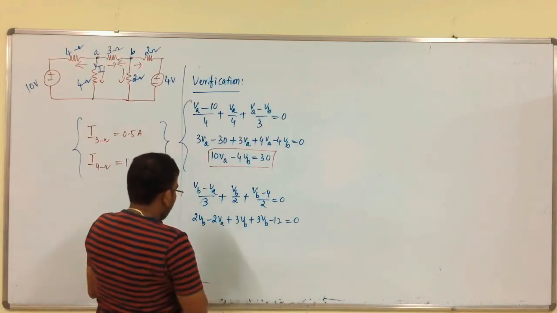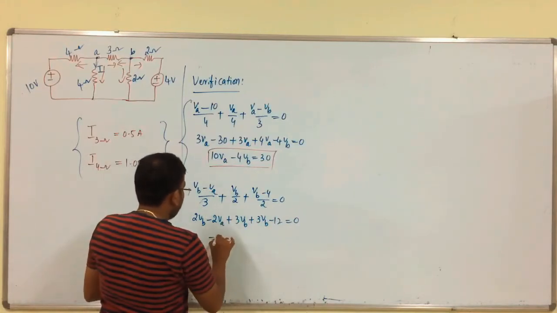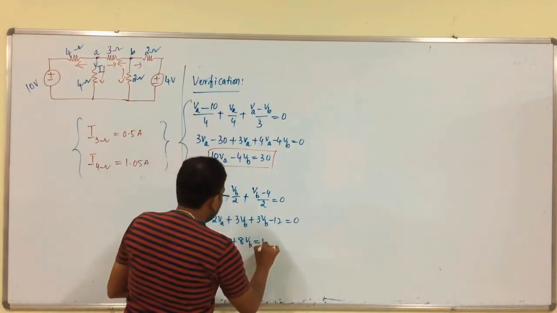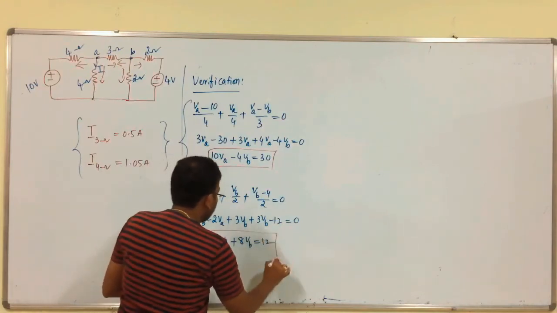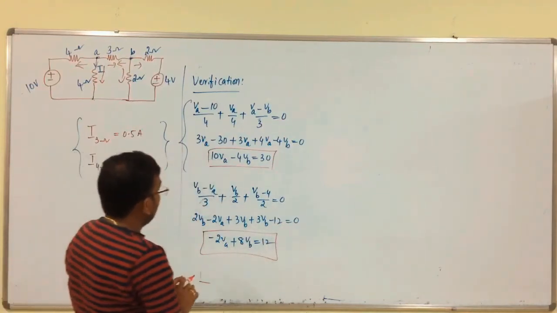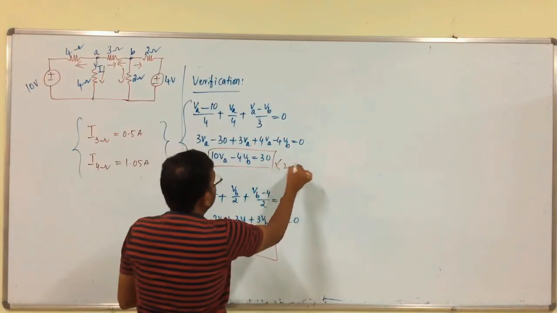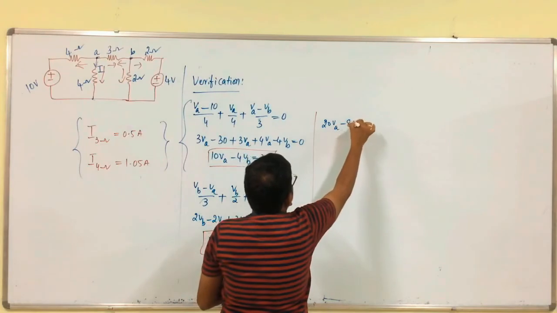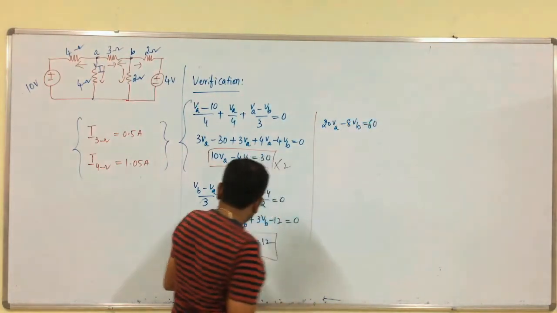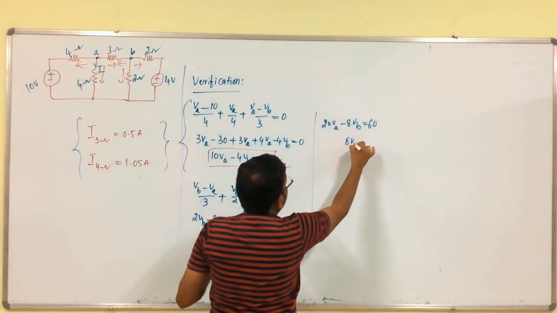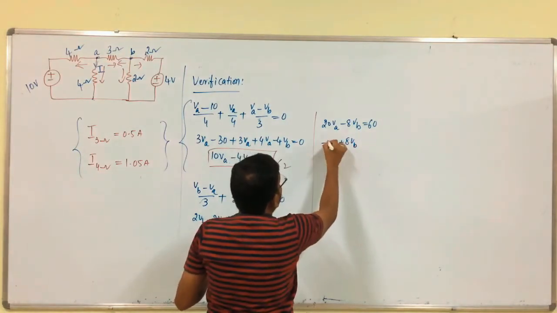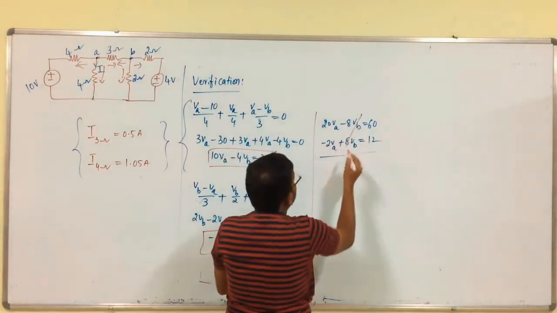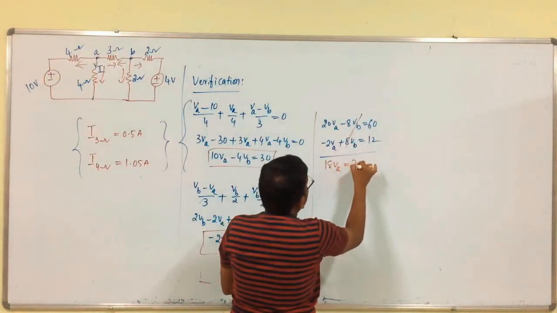Minus 2 VA only we have, that is minus 2 VA plus 2 plus 3, 5 plus 3, 8 VB, which is equal to 12. This is the second equation. So, which is multiplied with 2. We got 20 VA minus 8 VB is equal to 60. This is 8 VB plus minus 2 VA equals 12. From this is 18 VA, which is equal to 72.